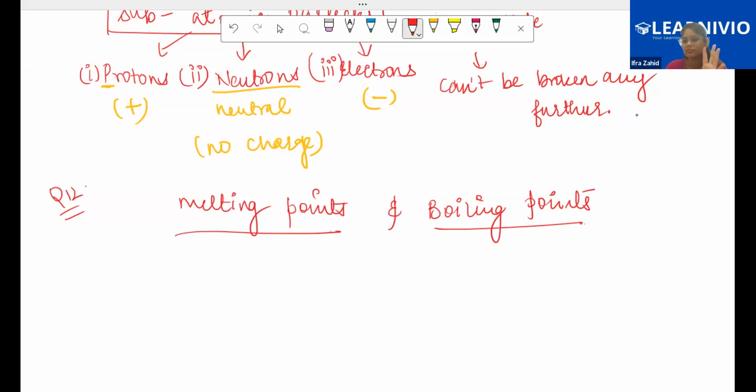Any solid, when you melt it, there will be a certain temperature at which it will start to melt. That temperature will be called its melting point, right? Yes, ma'am. You have a block of ice. If you provide heat to the block of ice, it will start melting at a certain point.